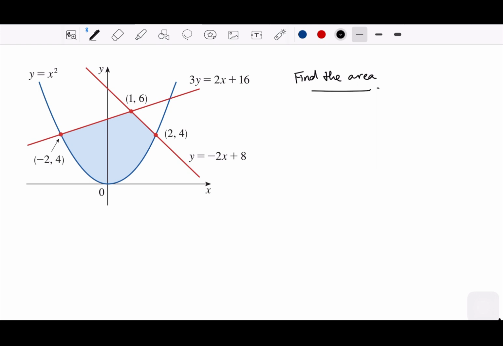I think you could choose the y or the x, right? And then taking some cuts into pieces. We have just two pieces.